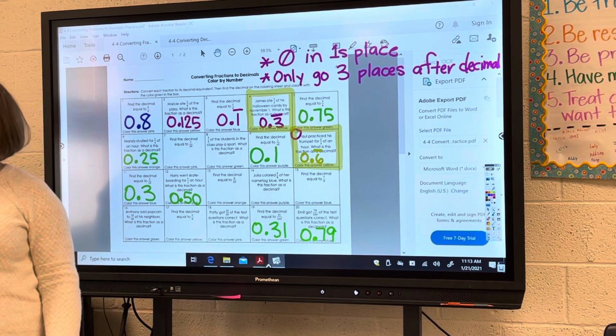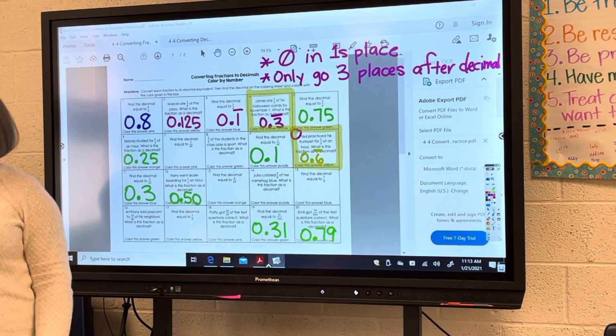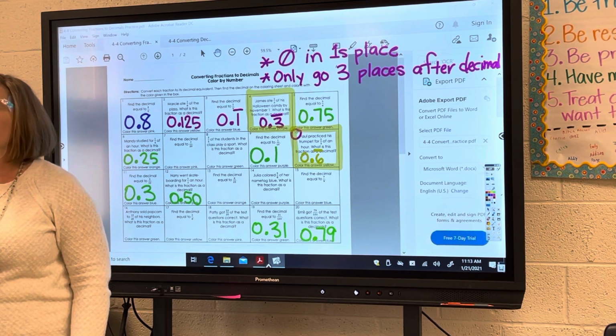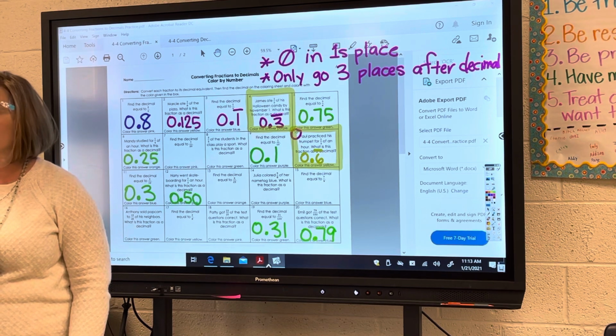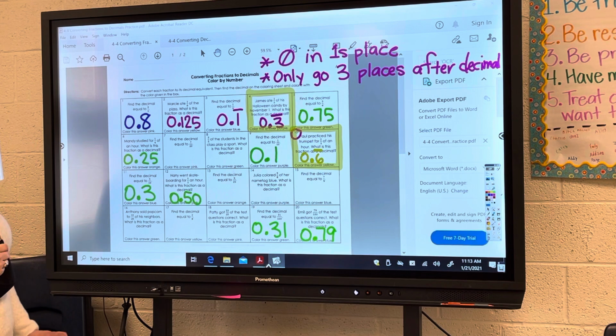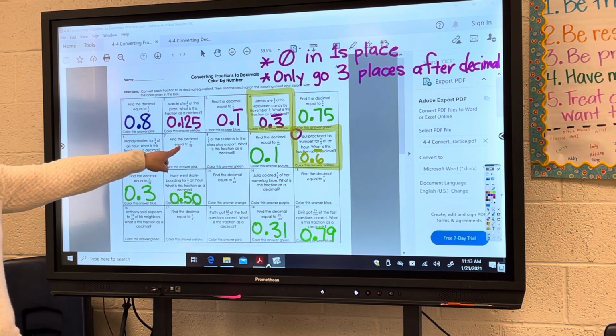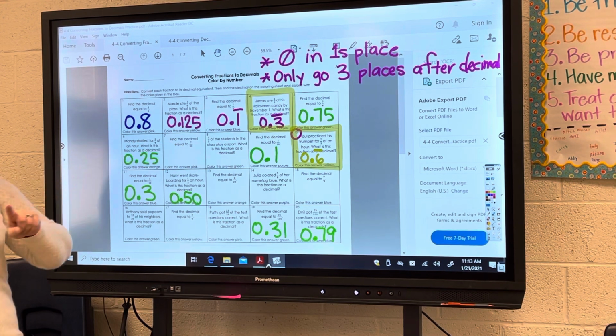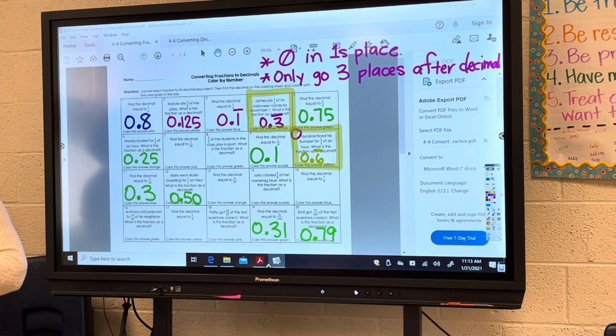Okay, I get it. The hundredths place is 2 places after the decimal. Yes, ma'am. On number 7, would you have to divide that one? How else would you do it? You may be right. Tell me, how else would you do that one?